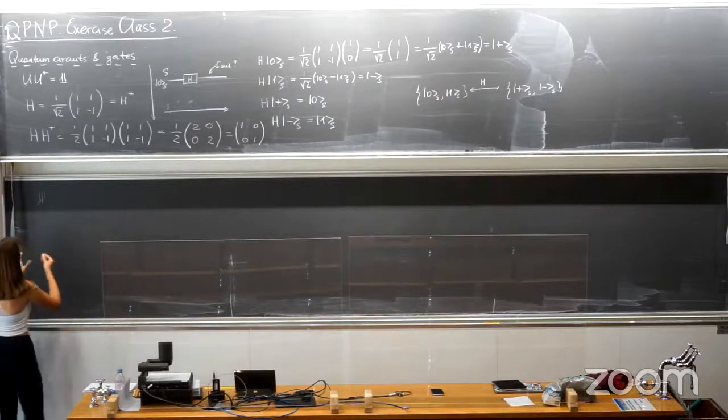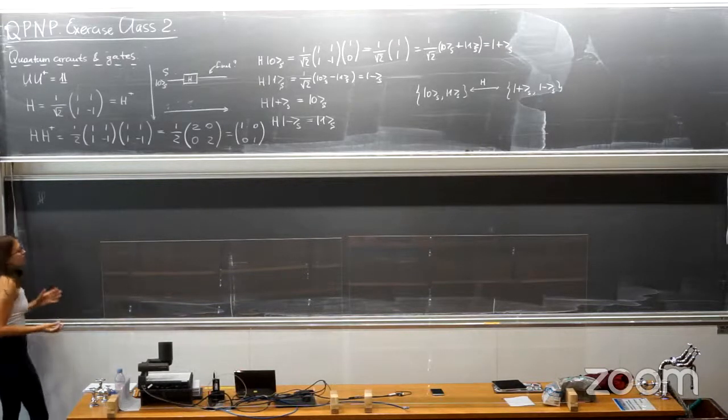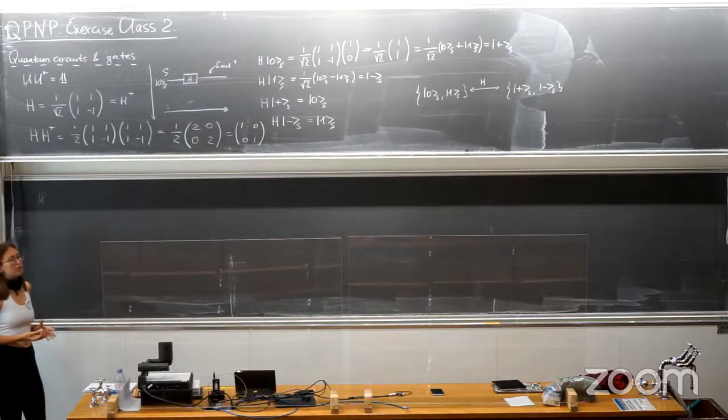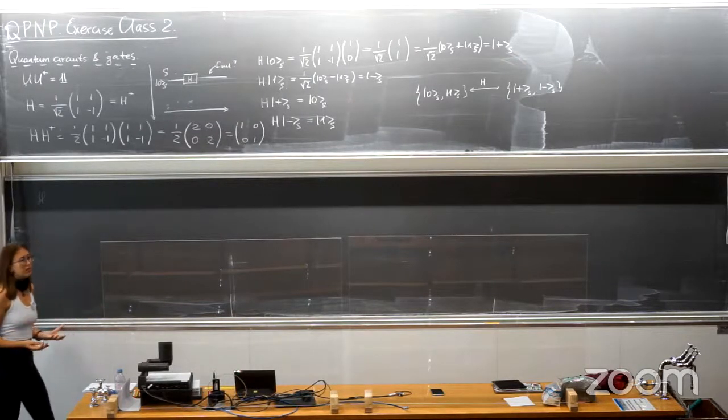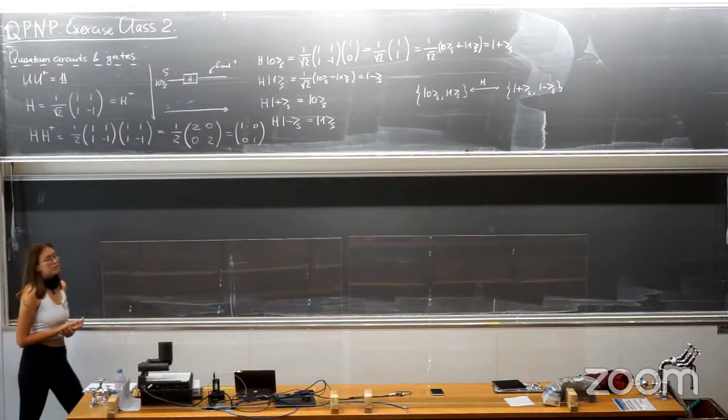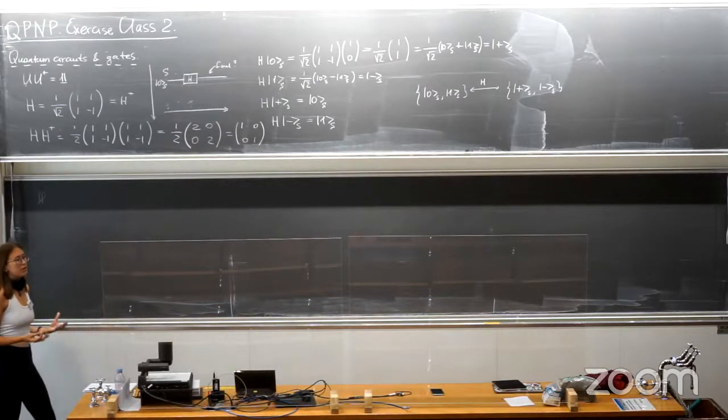Suppose that we have two systems A and B, and we want to know how the states of the joint system of A and B can be described. For example, we have one qubit A, a second qubit B, and we want to describe the states of the joint system.